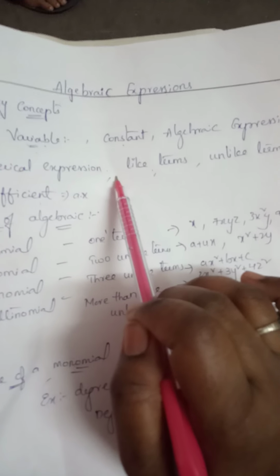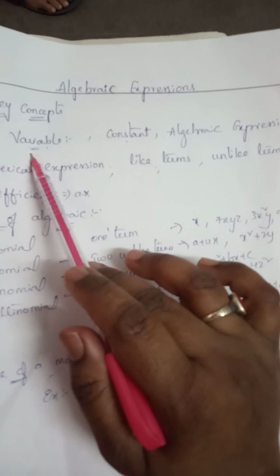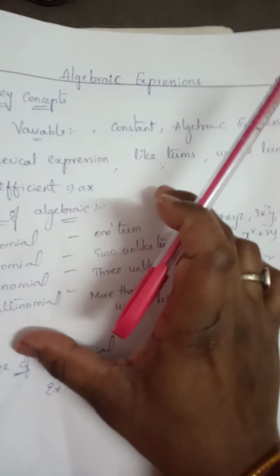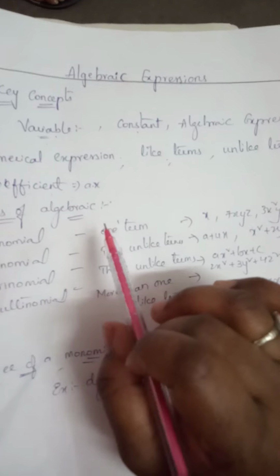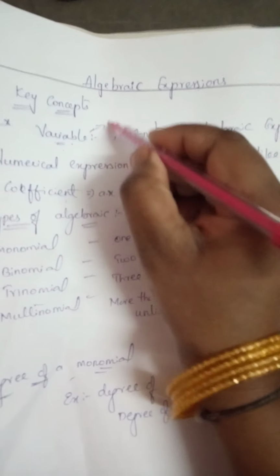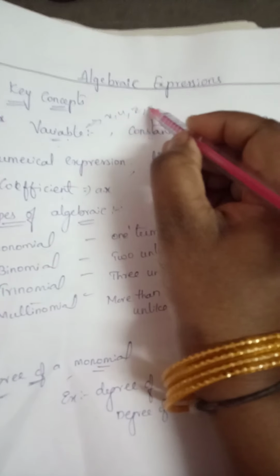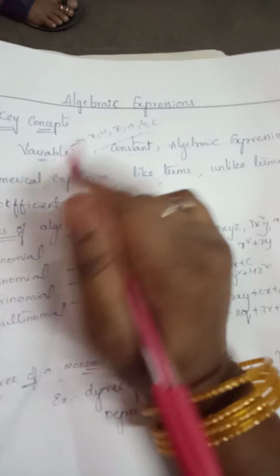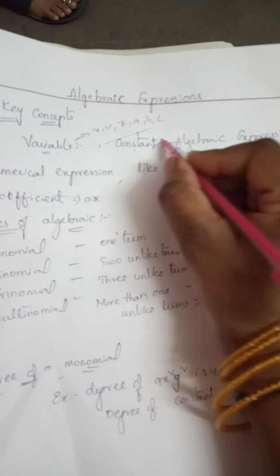Okay. Now coming to a variable. Variables are nothing but, from the expressions given, we choose a variable. For example, variables are x, y, z, and also a, b, c. These are some of the variables. And constant.